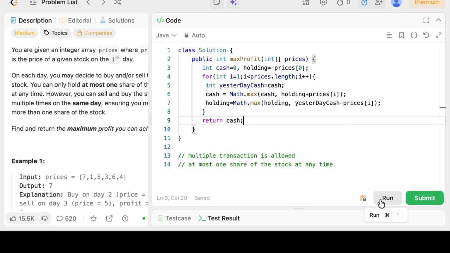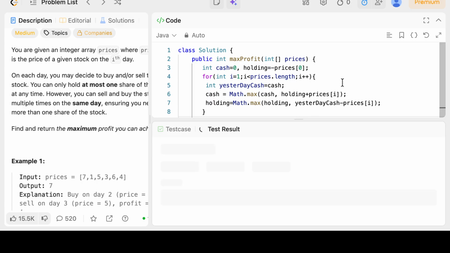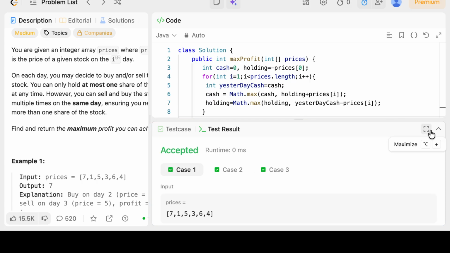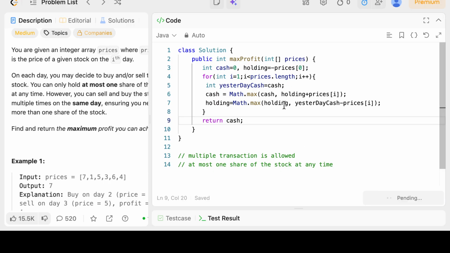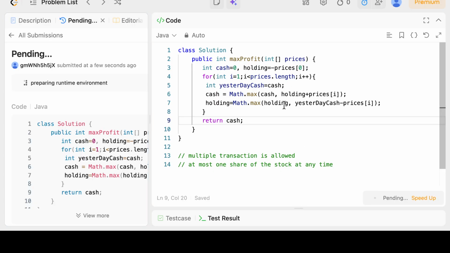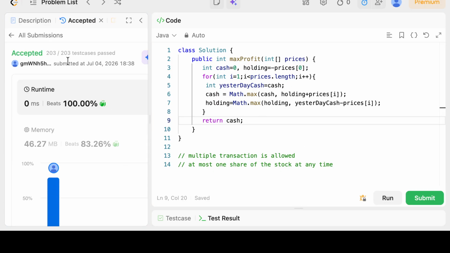Let me run it. Okay, let me submit it. Okay, this got accepted.